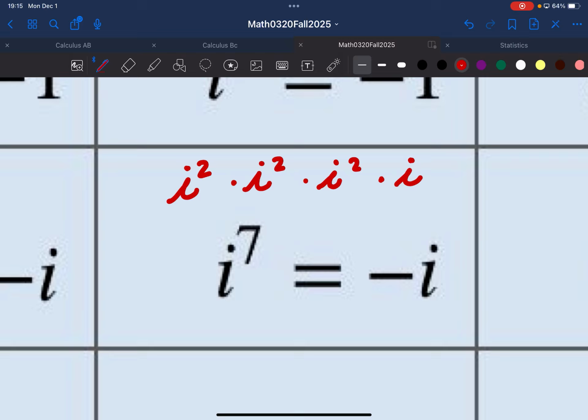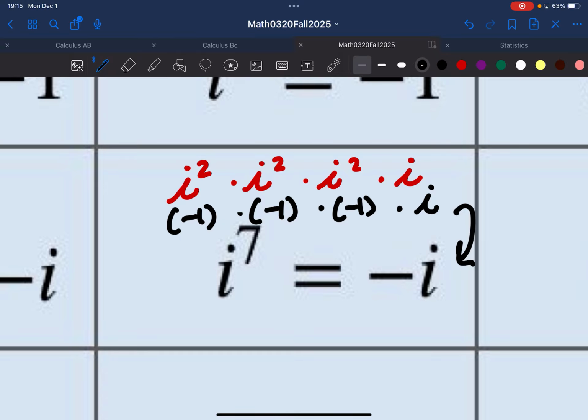If we add all the exponents, we get 7: 2 plus 2 plus 2 plus 1. This is -1 times -1 times -1 times i. A negative times a negative is a positive, but what's a positive times a negative? Negative. So that's how they got a negative i here.